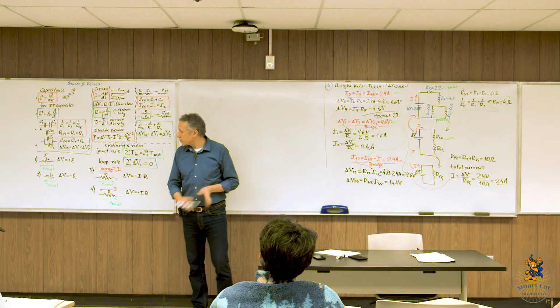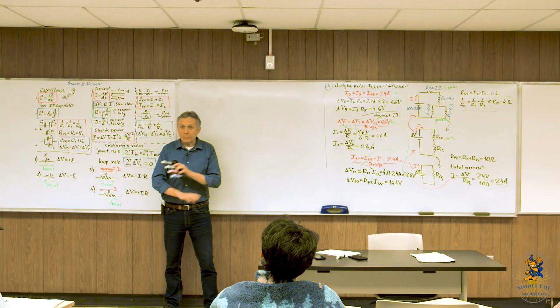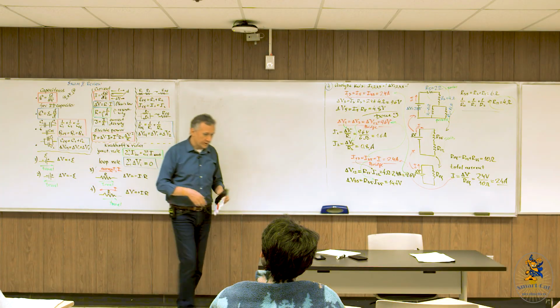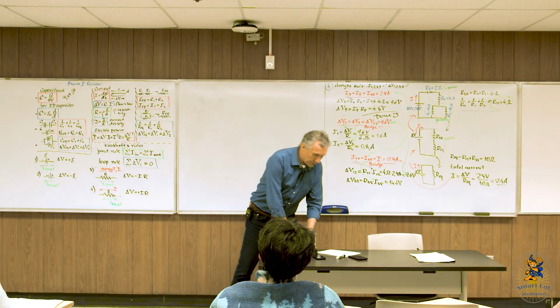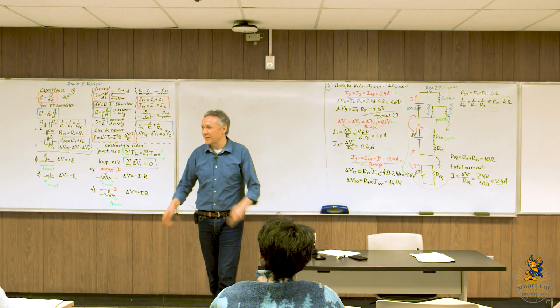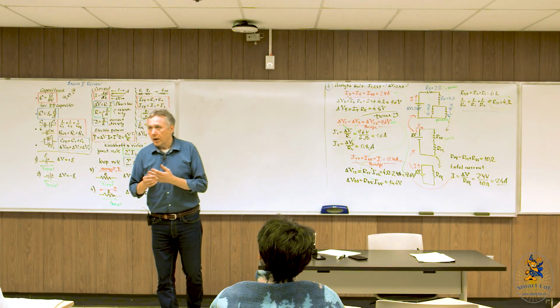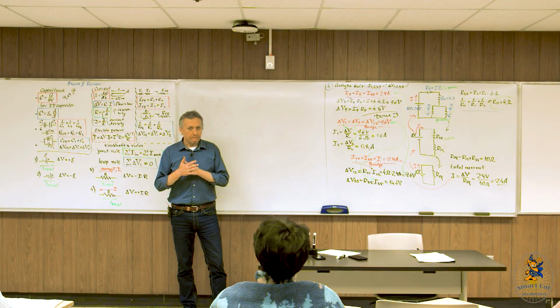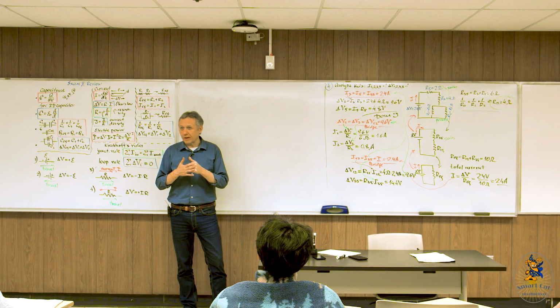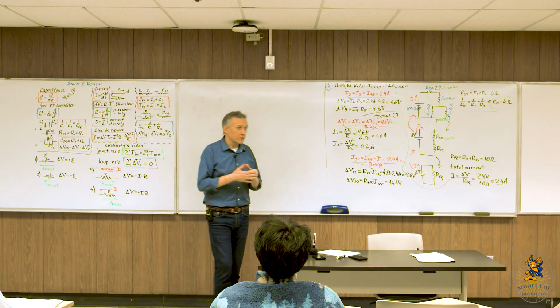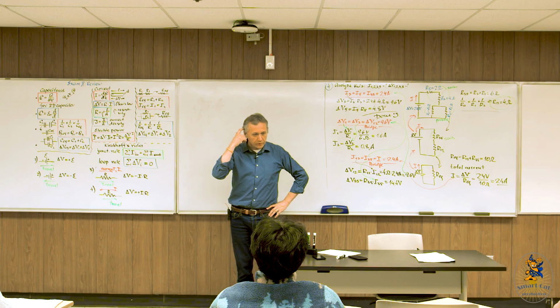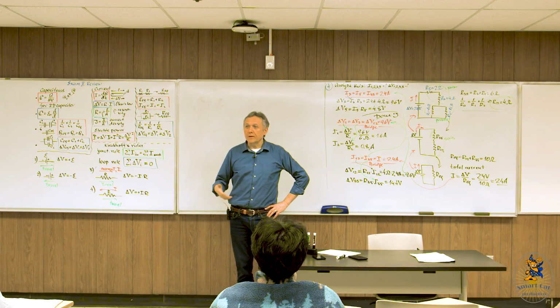You remember when we discussed these problems, I told you that it's up to you which direction to pick as the travel direction, which direction to pick as the current direction. It's basically like universal freedom, right? Constitutional freedom. But the thing is, I don't give that freedom on the exam. And the reason is quite practical, pragmatic. I remember when I first started teaching this course, a graduate student worked with me as a TA, right?